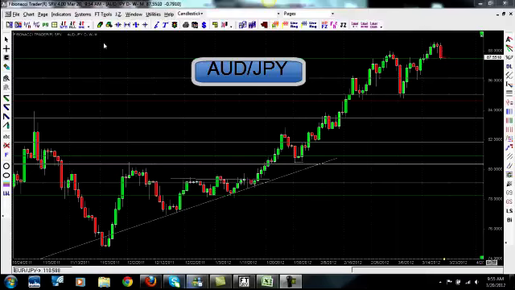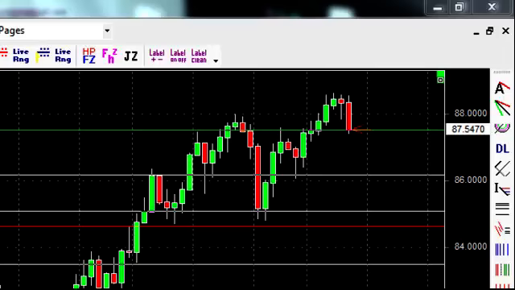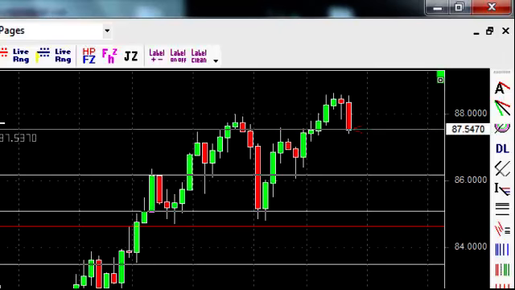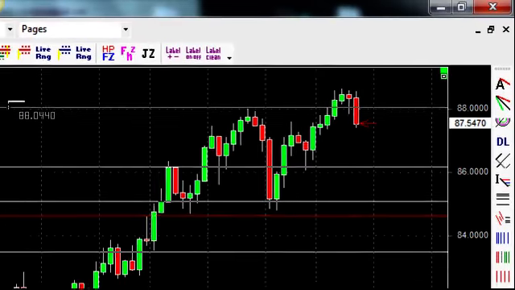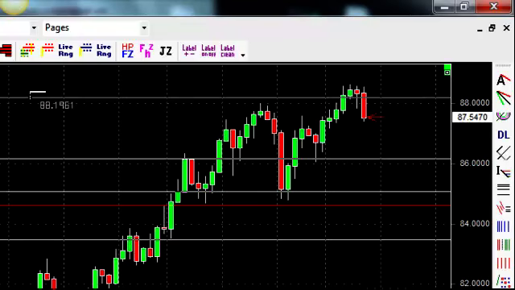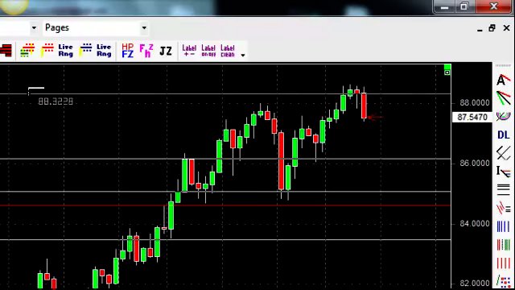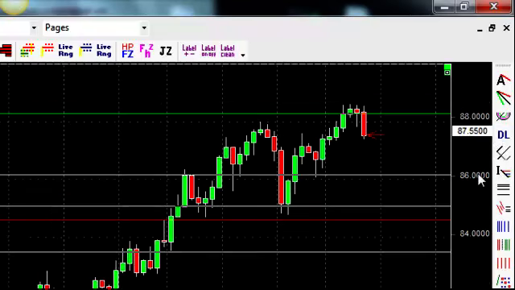So I'm going to show you where we got in. We sold the Aussie yen at 88.30, about right there. Let's see if I can zoom this down a little bit more.